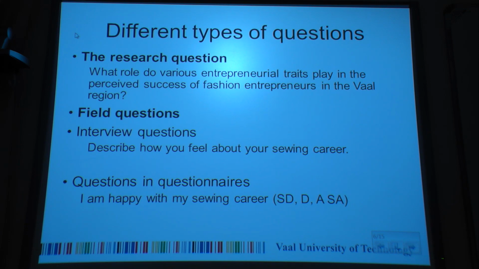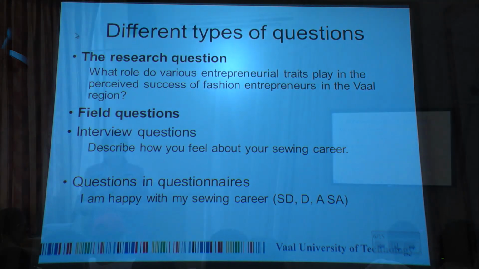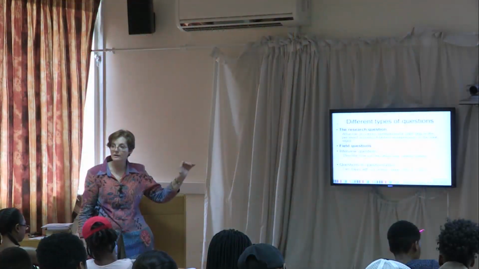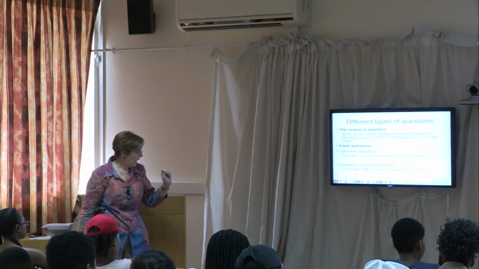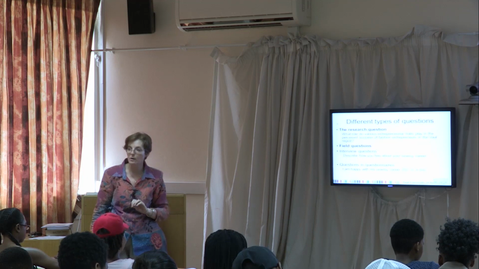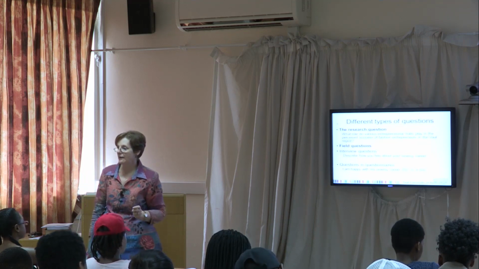So what does a research question look like? I've put one on for you there, an example. This one reads, what role do various entrepreneurial traits play in the perceived success of fashion entrepreneurs in the Vaal region? So here's an example of a big research question. I've used this particular sample because think back of your undergrad work.